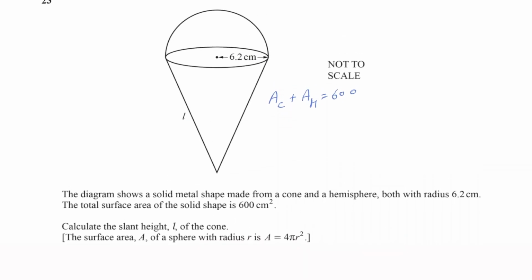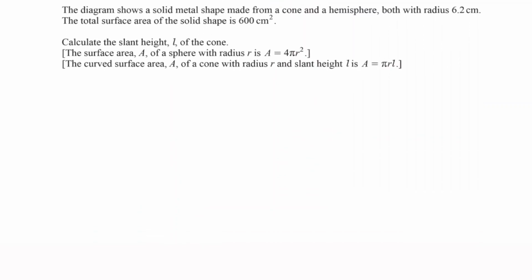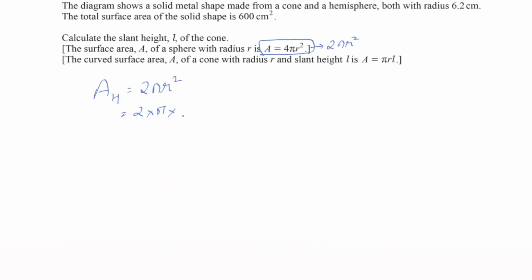Let's start with the area of a sphere. Area of sphere is given as 4 pi r square. So area of hemisphere is just half of that, 2 pi r square. So 2 into pi into r, which is 6.2, squared.